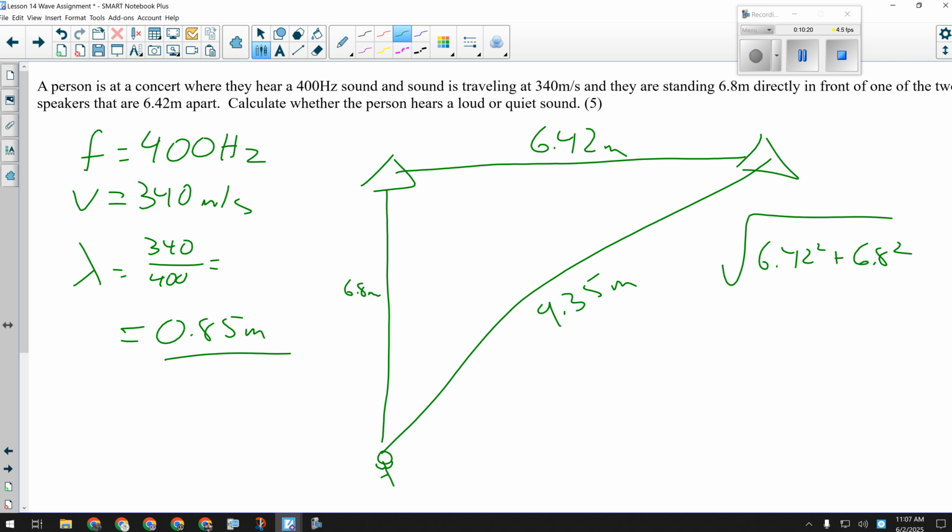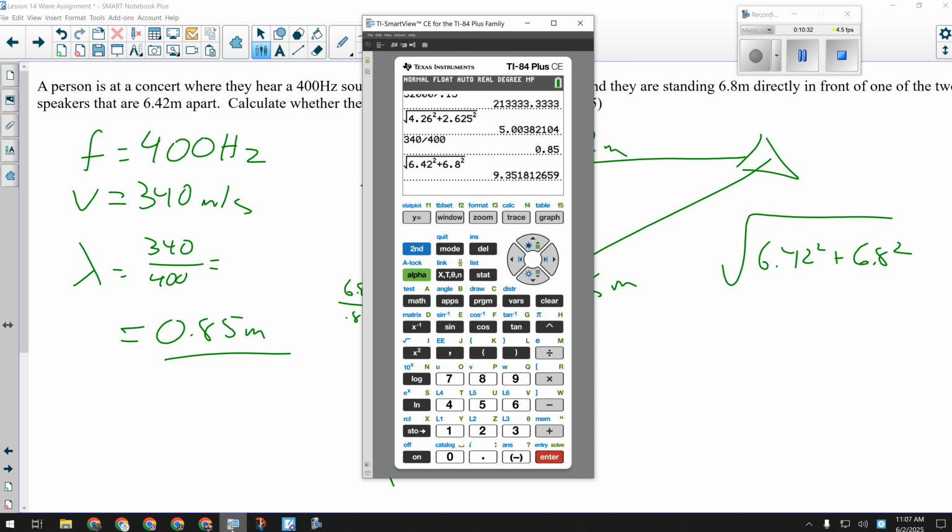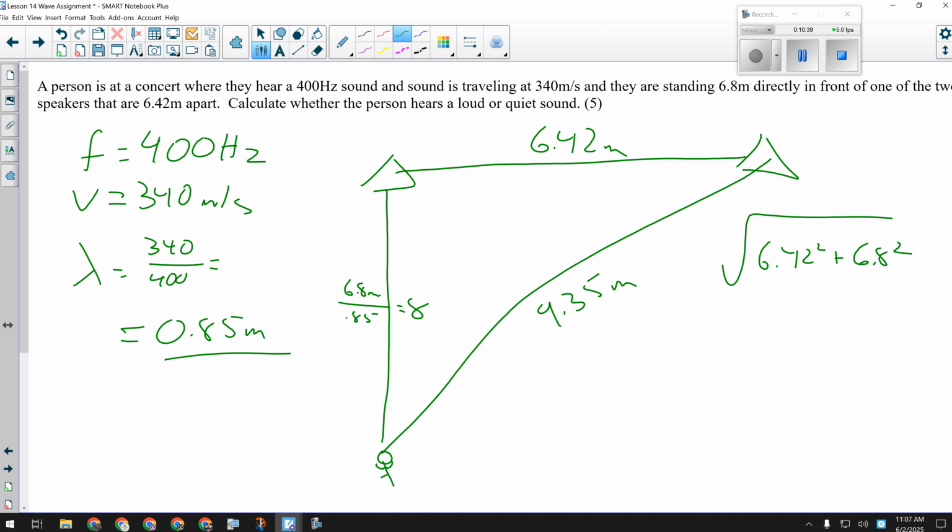Now I need to know how many wavelengths there are from each source to the observer. That'll be 6.8 divided by 0.85, the length of one wave. So that's 8 wavelengths.